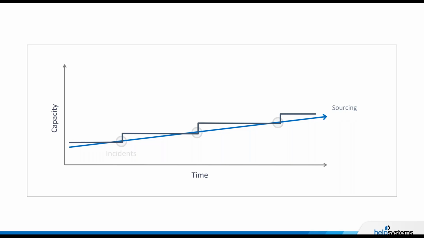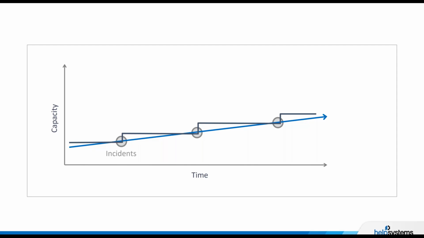You're running out of resources, your disks are full, or you're out of CPU power, or something that grabs your attention. Then you deal with those and acquire some additional resources, and then you run for a while until something else happens. This is going to impact the quality of your services, and it's not a sustainable way of managing your IT.